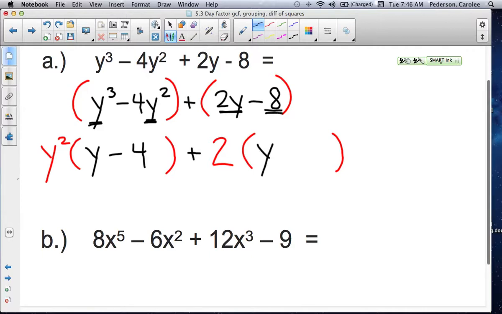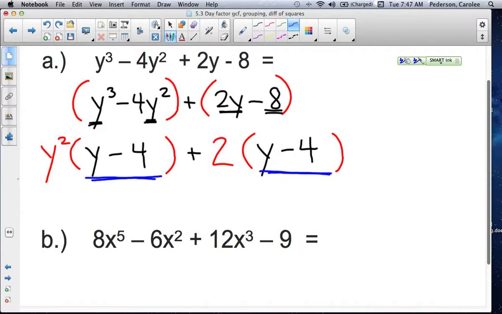I'm going to divide this by 2, so negative 8 divided by 2 is negative 4. I've done the GCF to both parentheses groups. Now here's what I'm left with, and this will happen every time when I do the grouping method correctly. I'm going to get the same parentheses, and in this case we did y minus 4 and y minus 4.